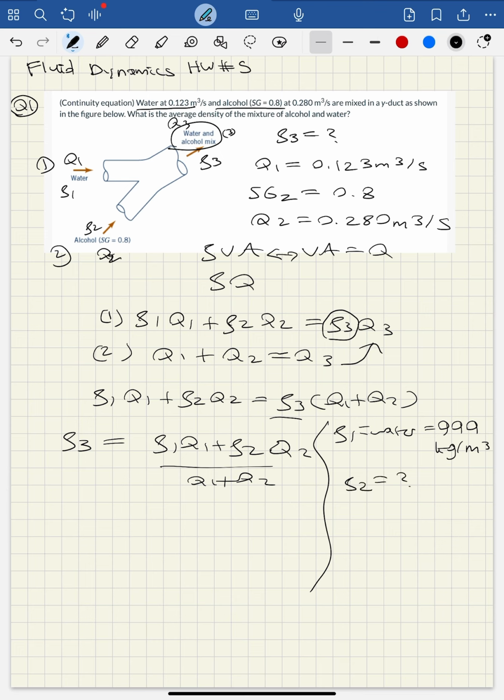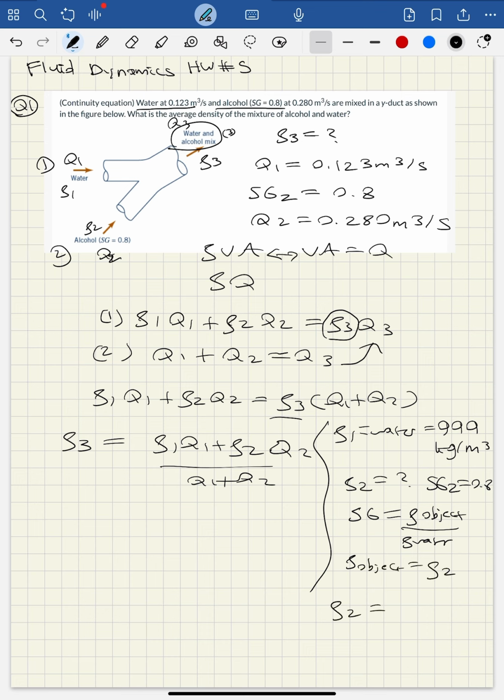In order to find density 2, remember we are given the specific gravity 2, which is 0.8. Specific gravity, you can take that to be the density of an object over the density of water. In this case, we're trying to find the density of the object, which is density 2, right?